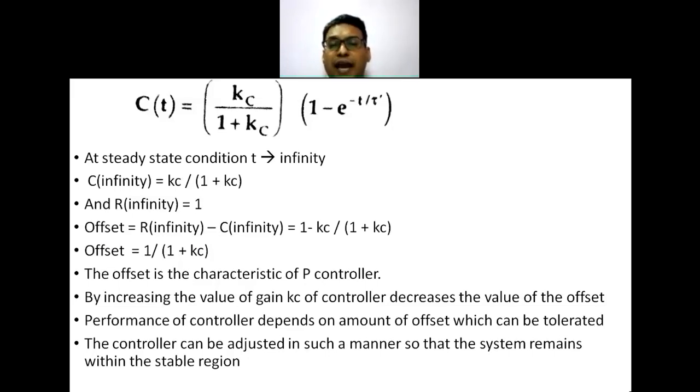The controller can be adjusted in such a manner that the system remains stable within the operating region. How much offset can be tolerated is something a process engineer has to decide, and once this is decided, I decide the value of Kc.